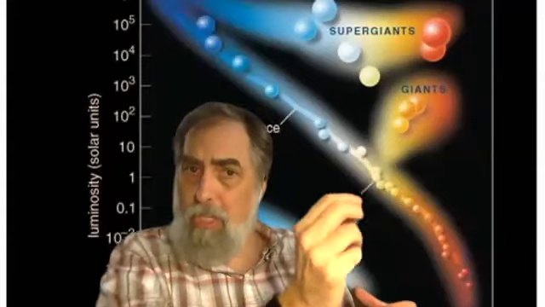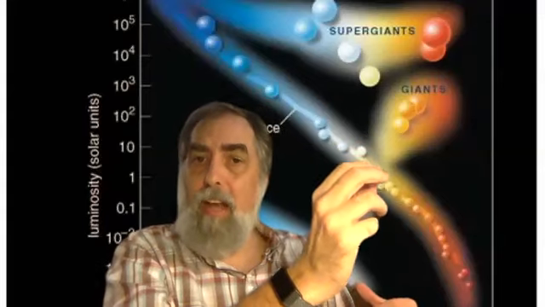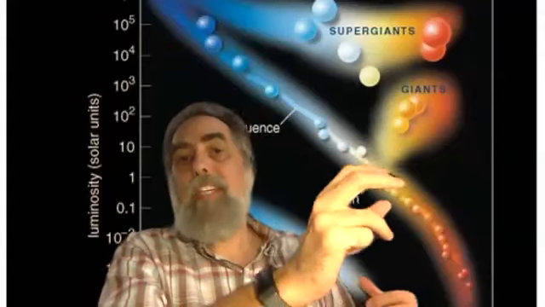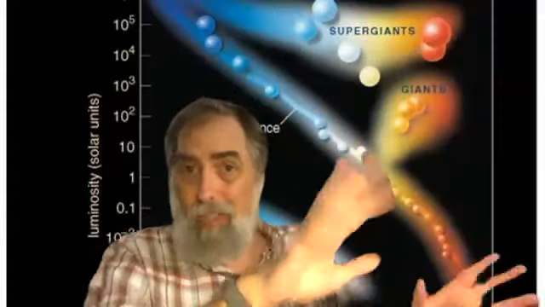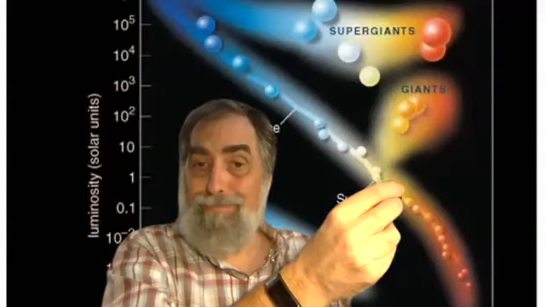It would only change very marginally in that time. And then after that 10 billion years, it would suddenly go up and become a giant and so on. We'll look at all that in just a few minutes. But up until that point, it's just sitting right here, and that's what it does for most of its life.